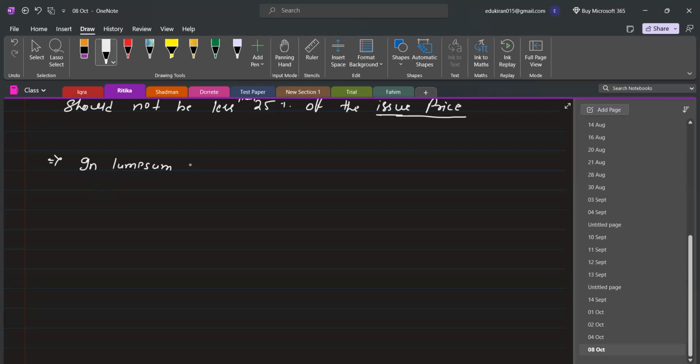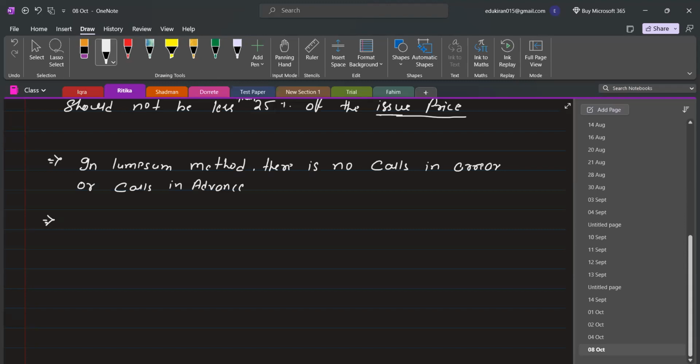So this is our lump sum method. Now, in lump sum method, share can be issued at par, at premium, or discount?